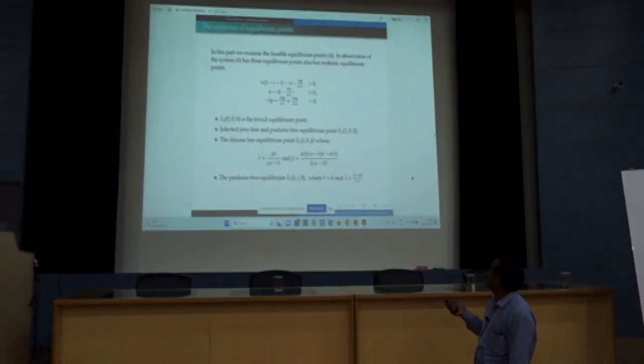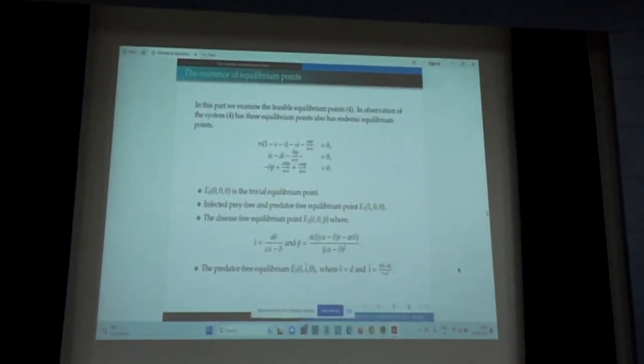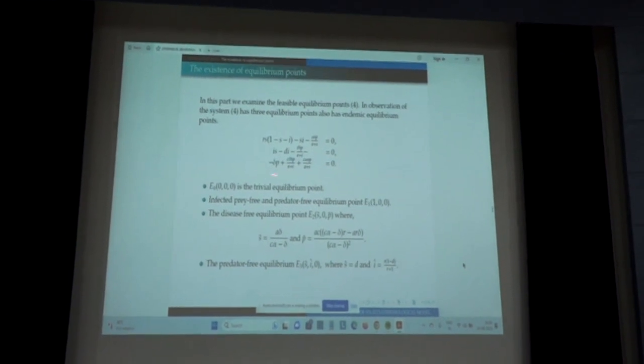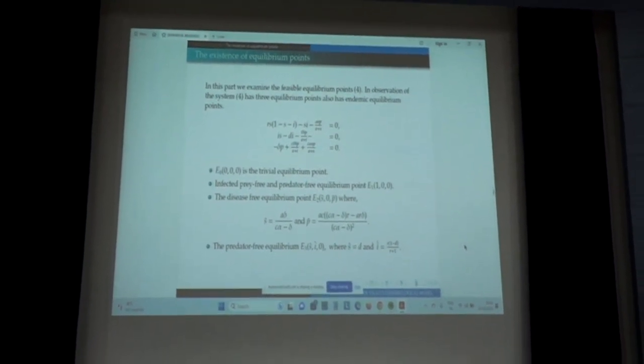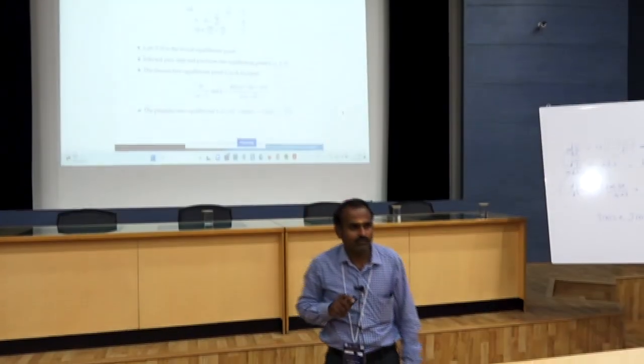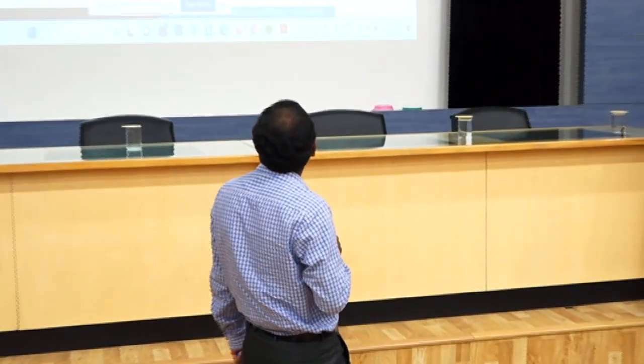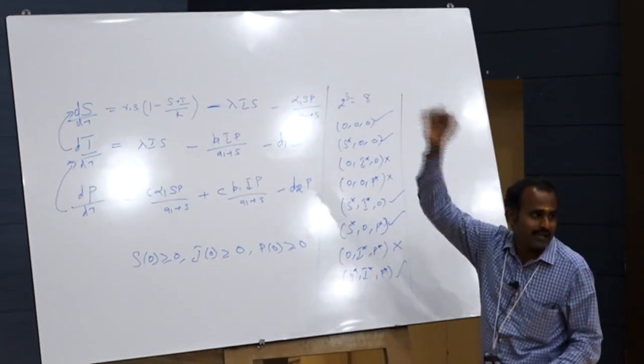So equating system 4 equal to 0. The trivial equilibrium point exists for all systems, so our system also has a trivial equilibrium point. Next one is the infected free and predator free equilibrium point. That means we put infected and predator free.